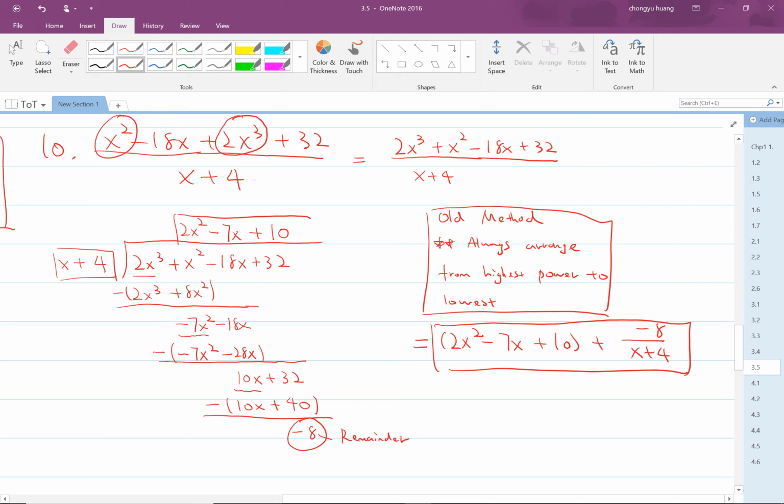So at the top, this will definitely be a part of the solution. And how do we write the remainder for negative 8? It's just going to be negative 8 over x plus 4, right?